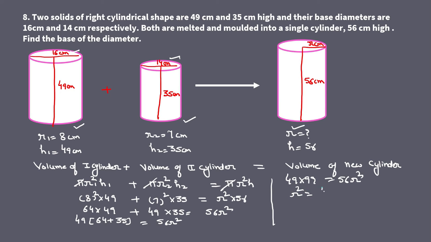So R square is 49 into 99 over 56. So on simplifying we will get, ये आ जाएगा 693 by 8. So we have to divide 693 by 8. We will get 86.625.